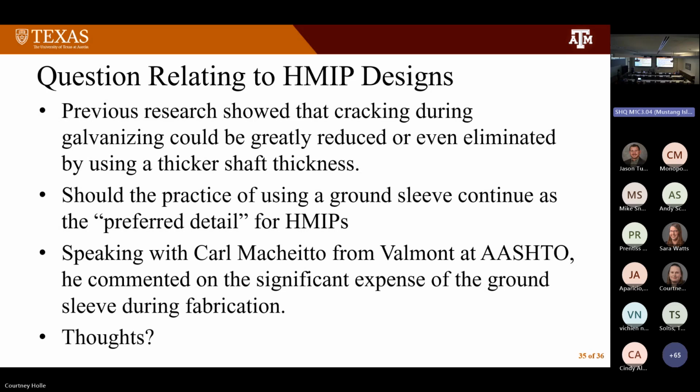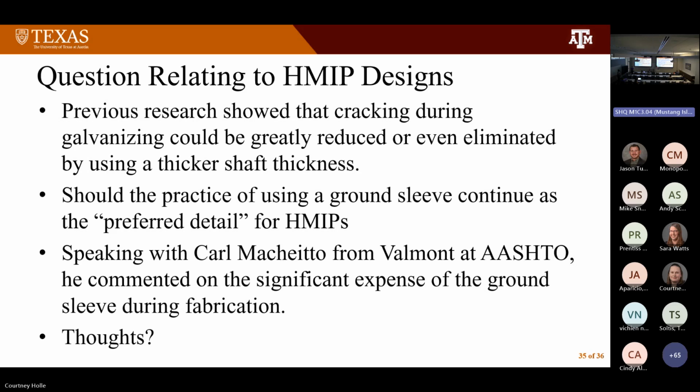These things were coming out and getting out there, and we did a whole bunch of studies, and that's where we found out most of this is happening at the galvanizing stage. And again, it is one of these double-edged swords: we galvanize them to increase their service life, and the service life is being reduced because they're cracked from the galvanizing.